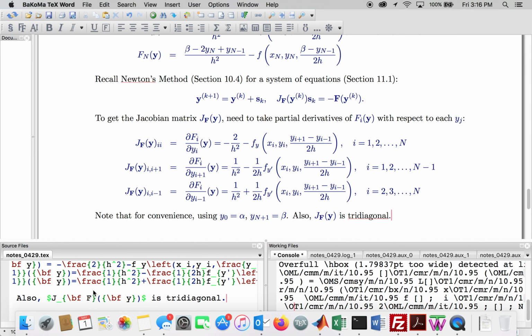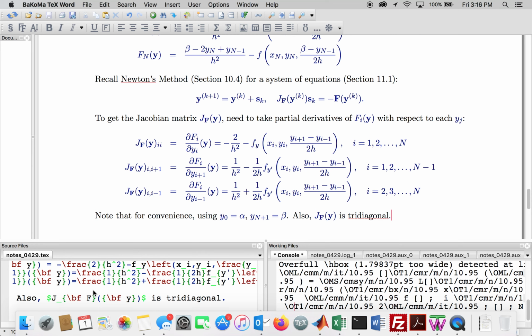So at least the system is easy to solve. One of the knocks against Newton's method, justifiably so, is that you're solving a system of equations at every iteration. If you have n equations, normally you're incurring n cubed flops to solve that system of equations with whatever Jacobian you have. But in this case, the Jacobian is sparse. It's banded. It's a tridiagonal matrix. So solving this system is quite efficient.